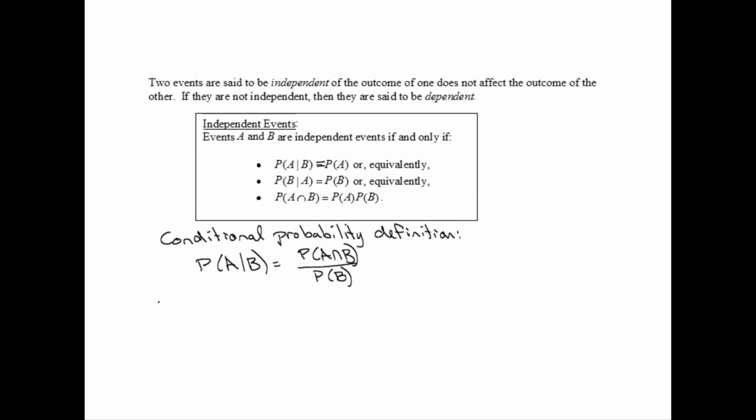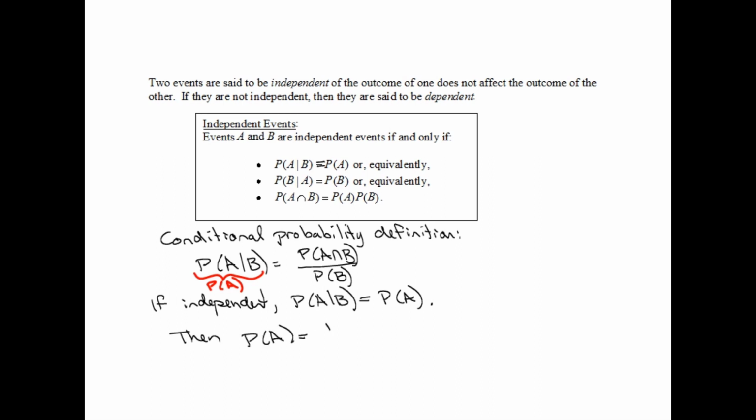Now, if they're independent, then the probability of A given B is equal to the probability of A. So I'm going to replace the left-hand side with the probability of A, because if they're independent, these are the same. So now my equation looks like this.